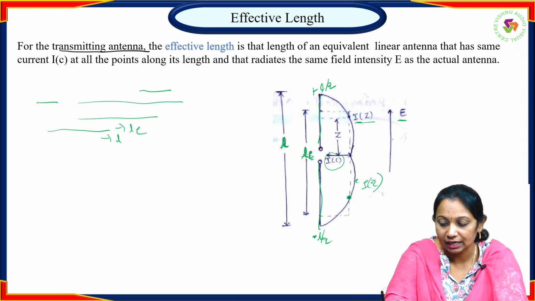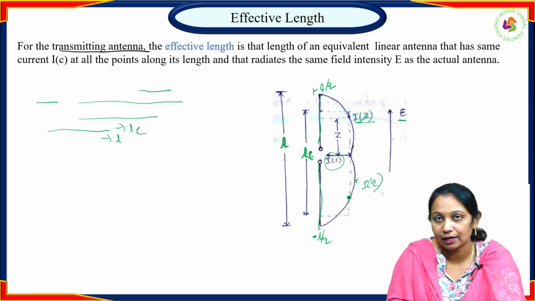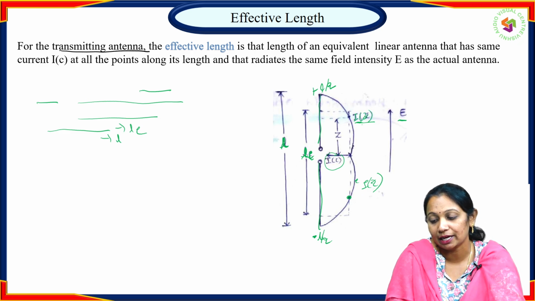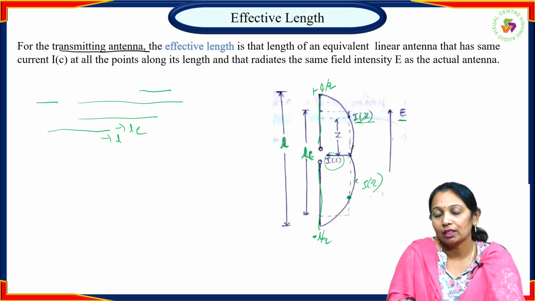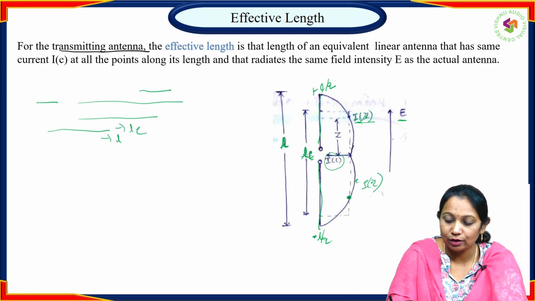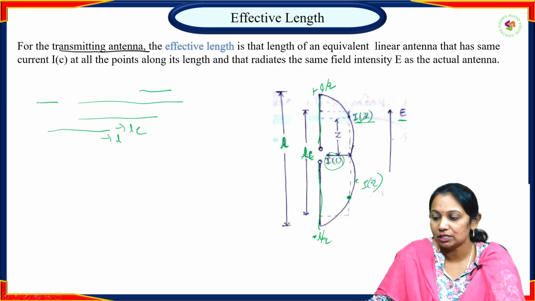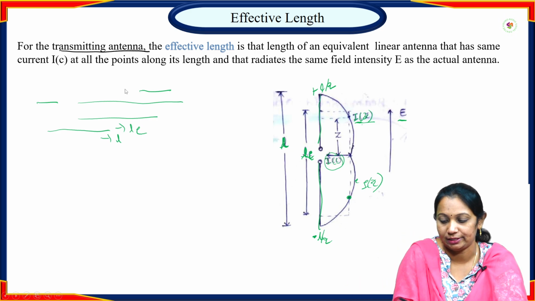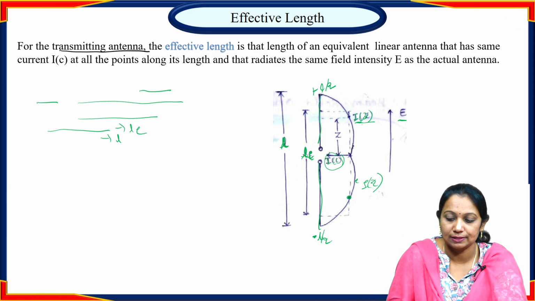That is why I have taken I of Z, where I is the current distribution of the antenna. I of Z is the current distribution at any point, and I of C is the same current at all points with respect to the center.